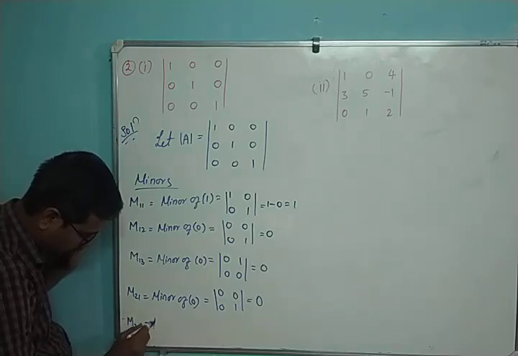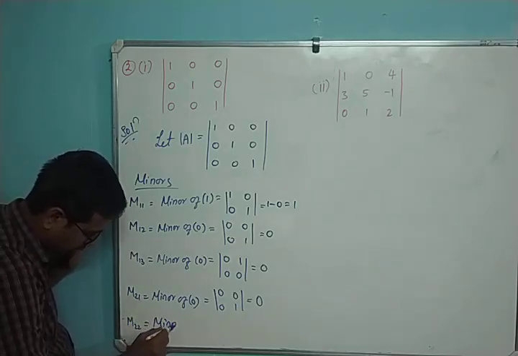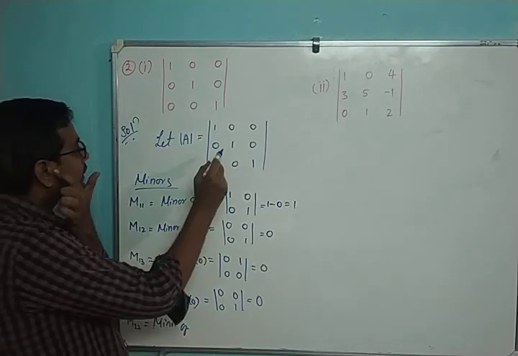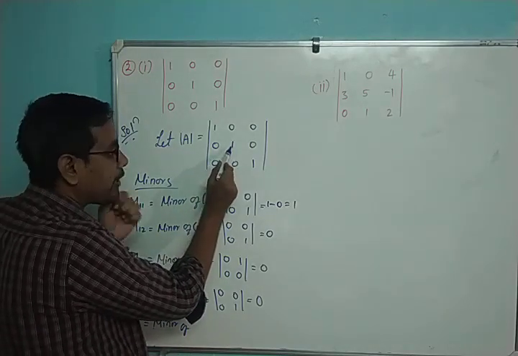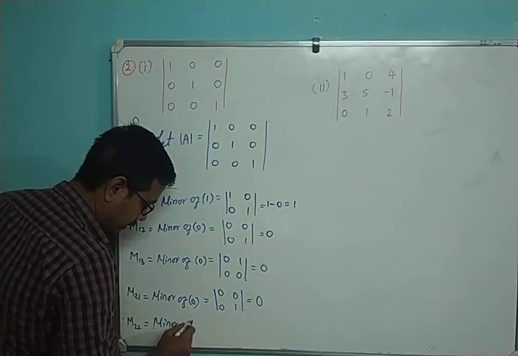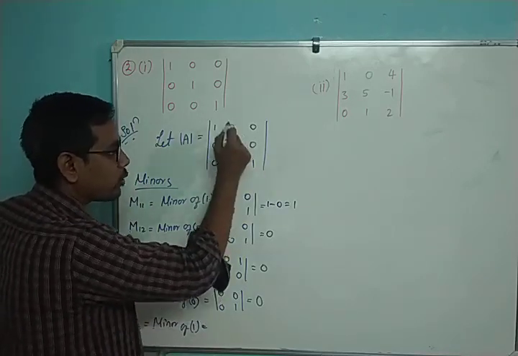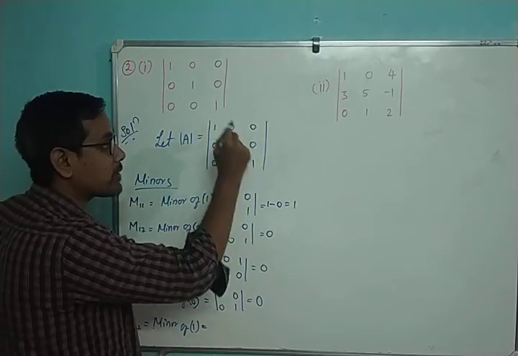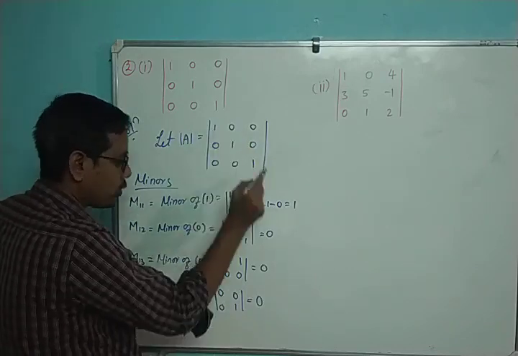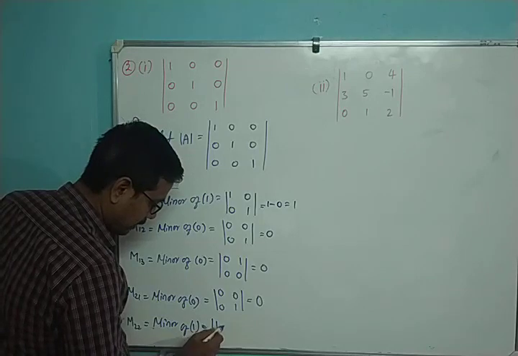Then M22 is equal to minor of A22. A22 is 1. So leave the row and column containing 1. The second row and second column should be left out. So if I leave second row and second column, 1 0 0 1 will be left to me.